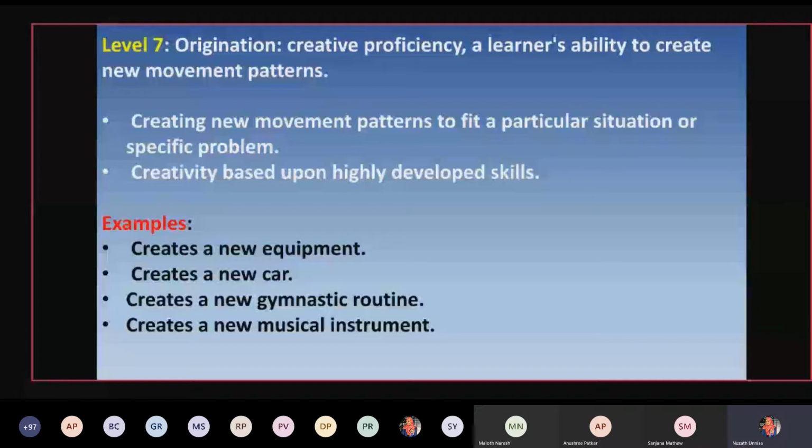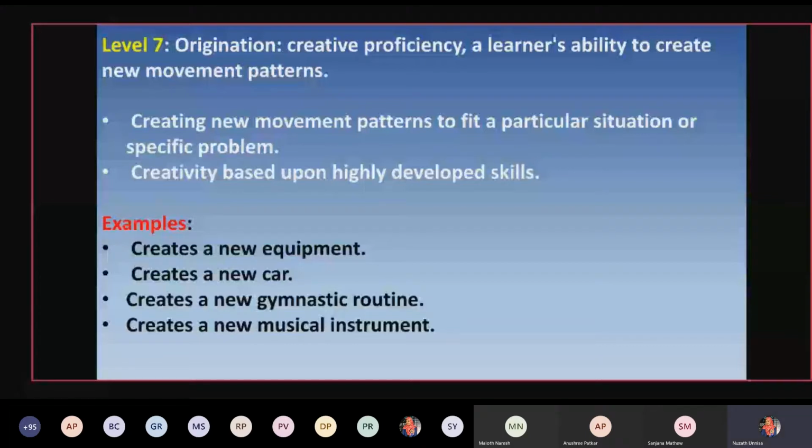Now, moving on to the last one, which is level 7, origination. Origination is something which is creative proficiency.